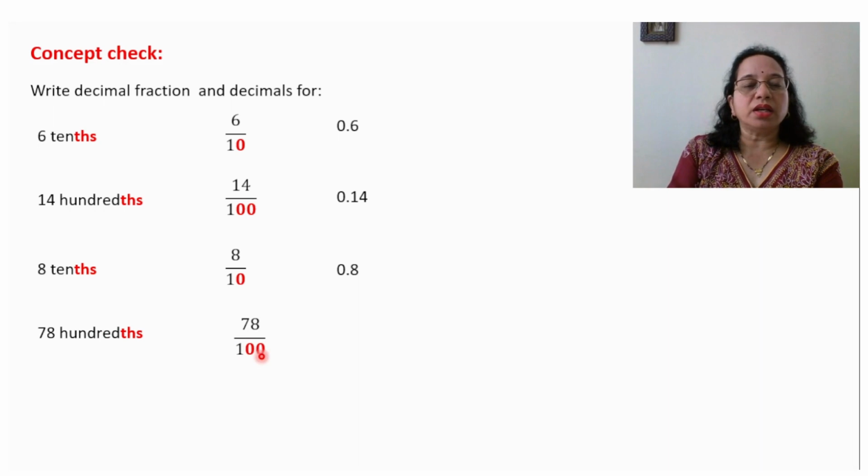Two zeros are there, so leave these two numbers and the decimal will come here, 0.78.